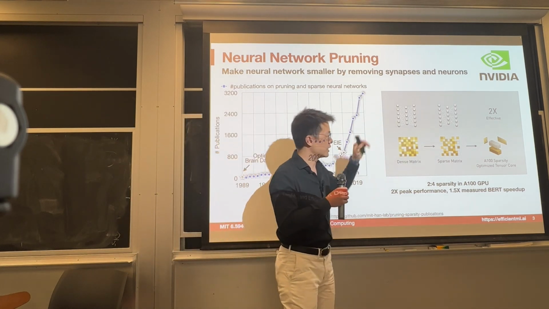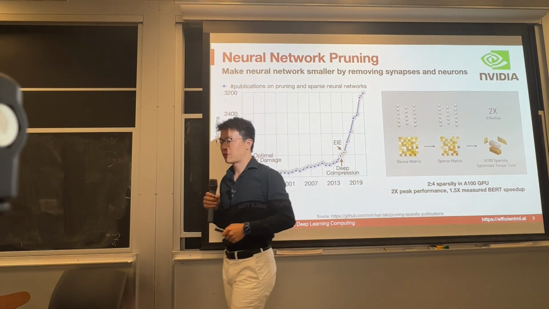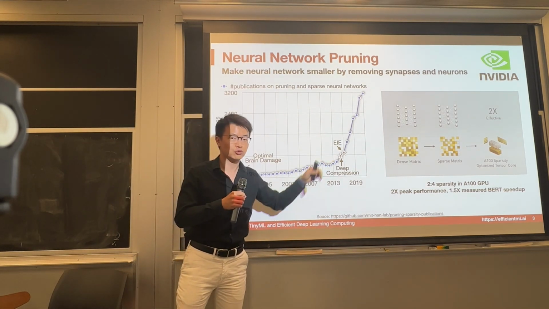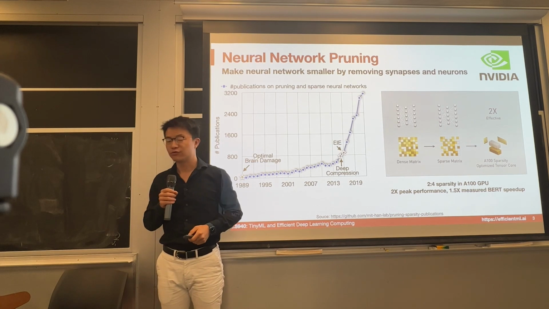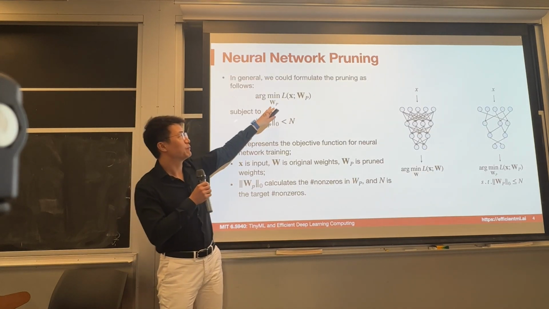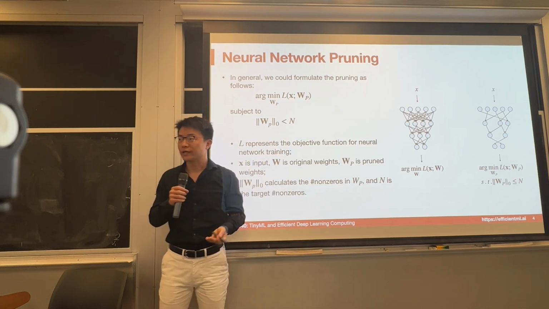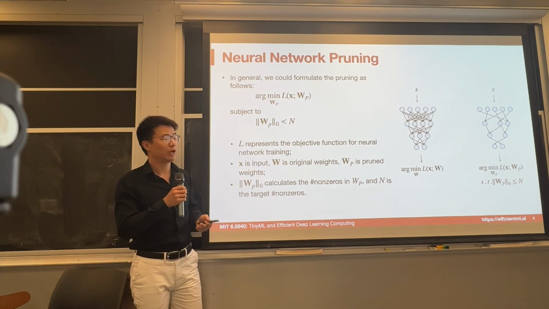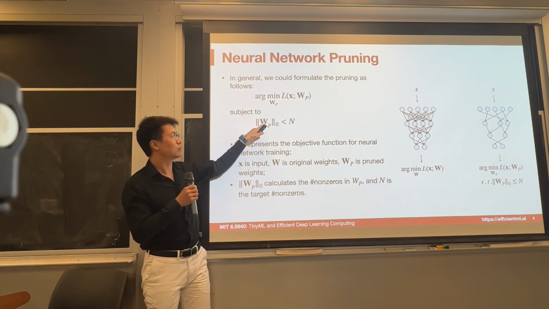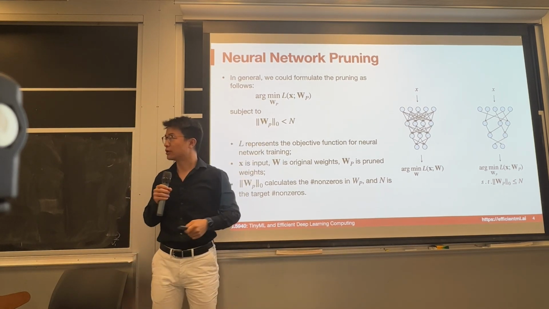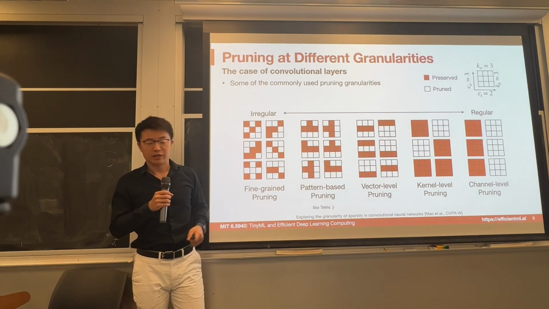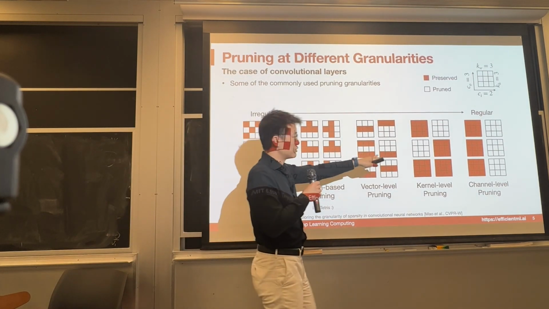Pruning and sparsity is natively supported in NVIDIA GPUs, getting a lot of traction in the recent few years. The definition is basically to remove some of the weights, setting them to be 0, so that the non-zeros are larger than a threshold. And we can have different granularities of pruning.